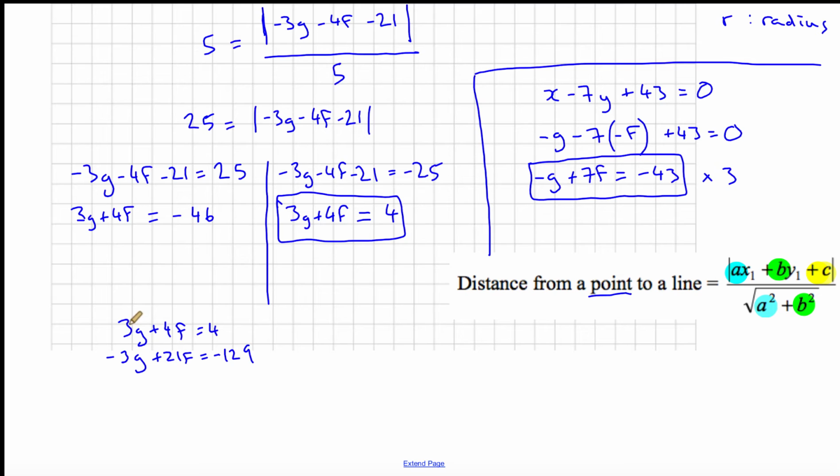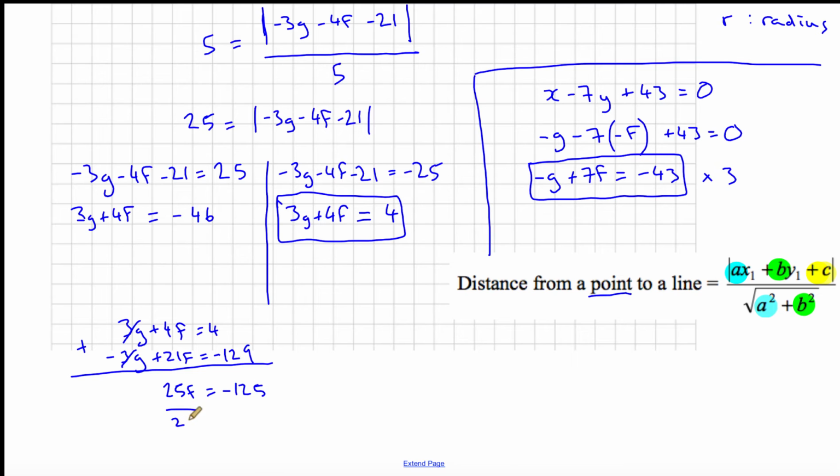I did that because now I have 3g and minus 3g, which I can eliminate by adding. So if I add these, the g terms give me 0. 21f and 4f is 25f. And 4 minus 129 is minus 125.